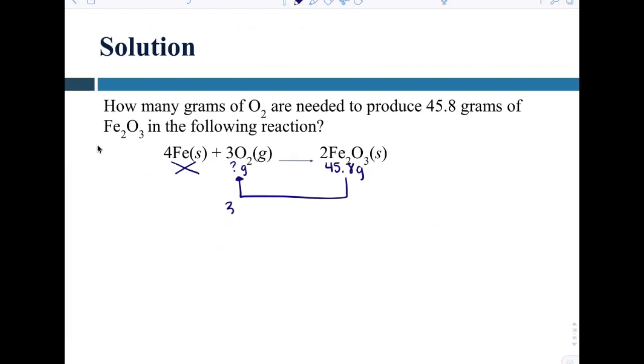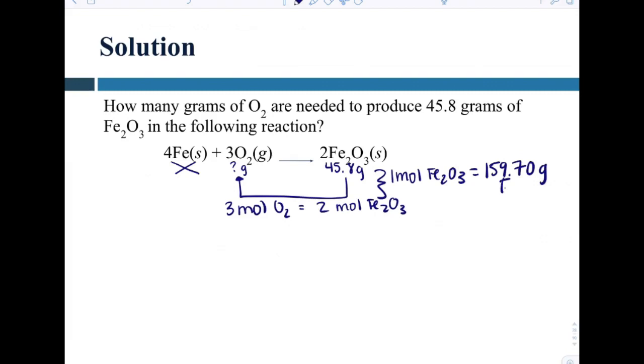And then I know I need to use a mole ratio to go that way. So I need to use 3 moles of oxygen is equal to 2 moles of iron 3 oxide. And then to go from grams to moles, I need molar mass. So 1 mole of iron 3 oxide is equal to 157.70 grams of iron 3 oxide.